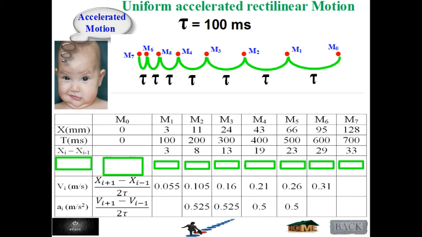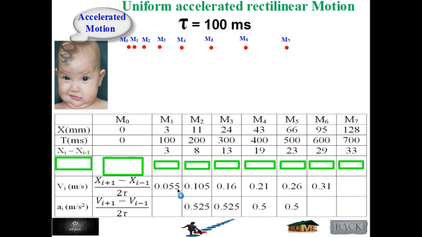Here the velocity is decreasing and the motion is uniform decelerated rectilinear motion. We notice that the velocity will be decreasing, not increasing as we get in the table here, and the acceleration will become negative, not positive as here.